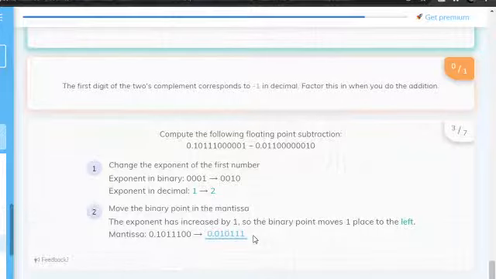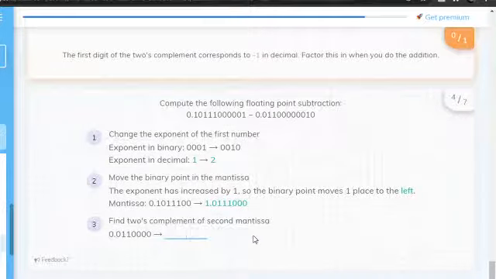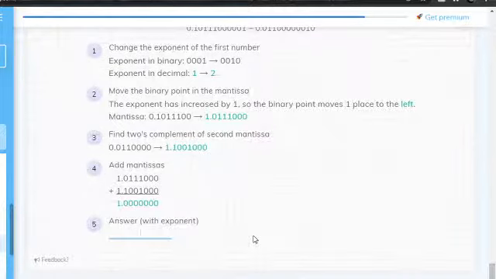So what's happened here then? Oh, you've just decided that you're actually going to move it left this time instead of right. So find the 2's complement of the second mantissa. Why is it that then? An answer with exponent 1.12345678 and exponent 0010.